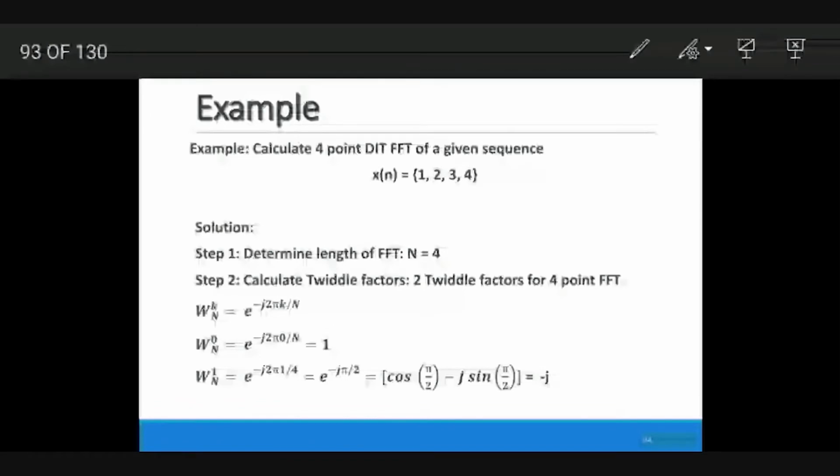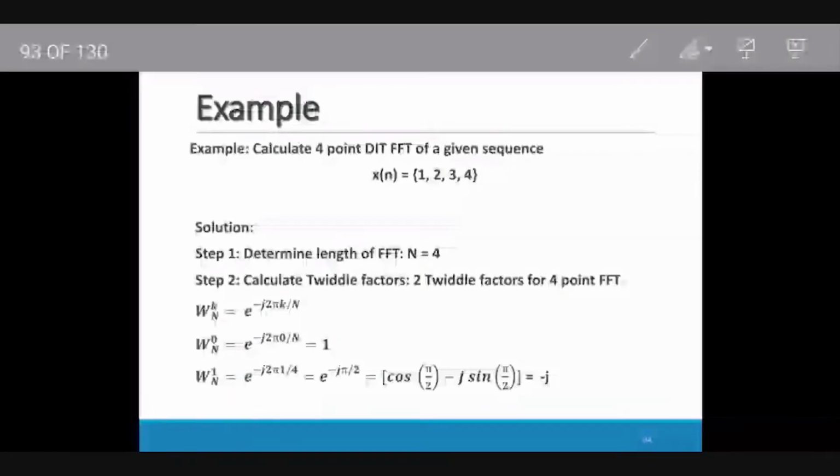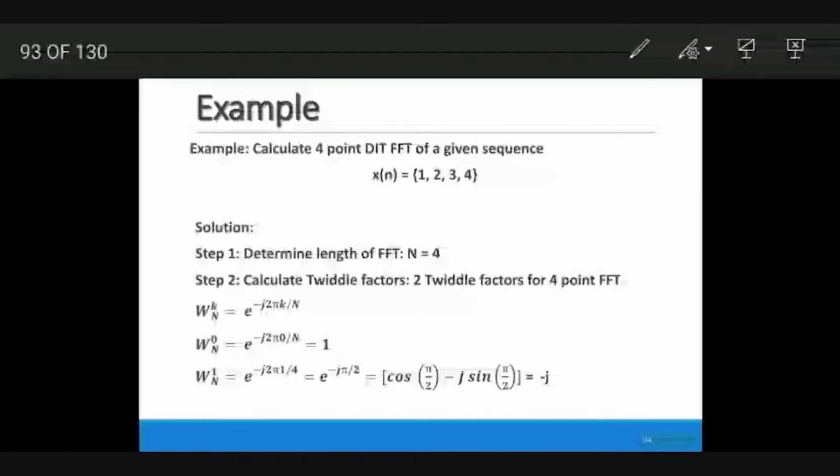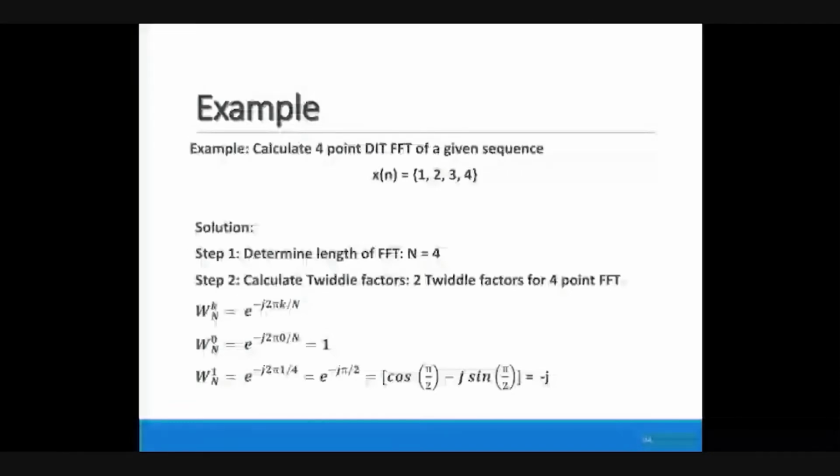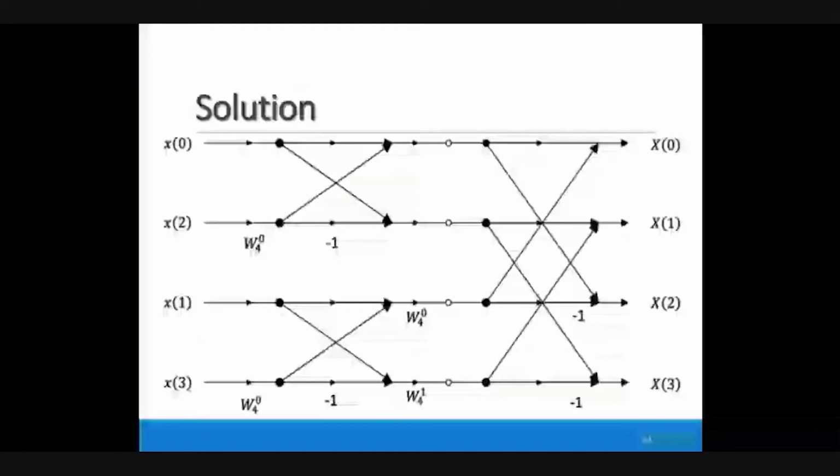Now we draw the diagram of DIT. Okay, I draw this diagram. This is a butterfly diagram for 4-point DIT. As we have noticed in the DIT algorithm, our input is in the bit reverse order and output is in the normal order.